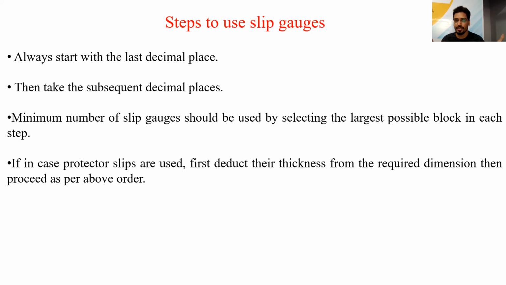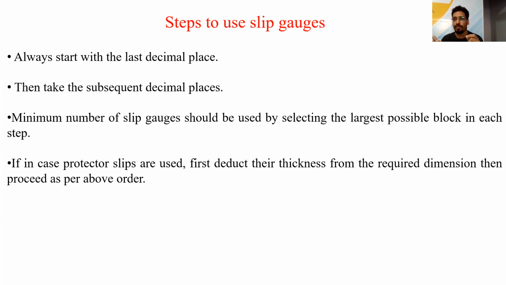of a dimension. Let us suppose we are given 15 mm and we have to make this dimension with the help of slip gauges, and we have been provided protector gauges of 2.5 mm on each corner. So what we have to do, we have to subtract that protector slip gauge size from the total dimension. It means 15 mm minus 2 into 2.5.